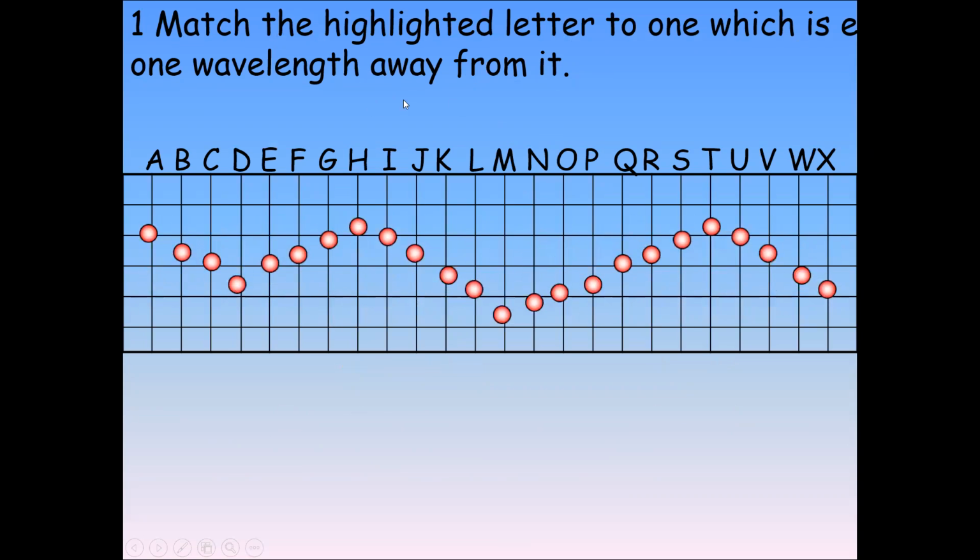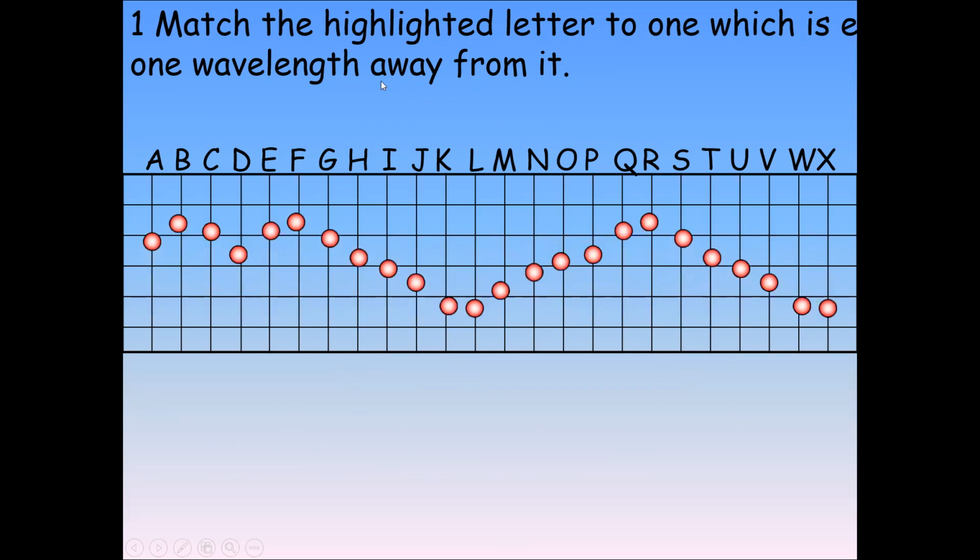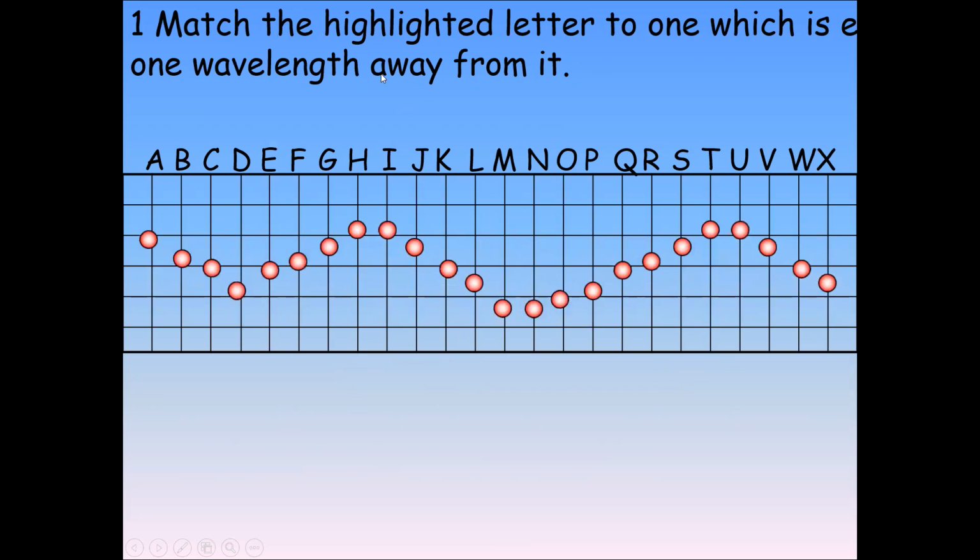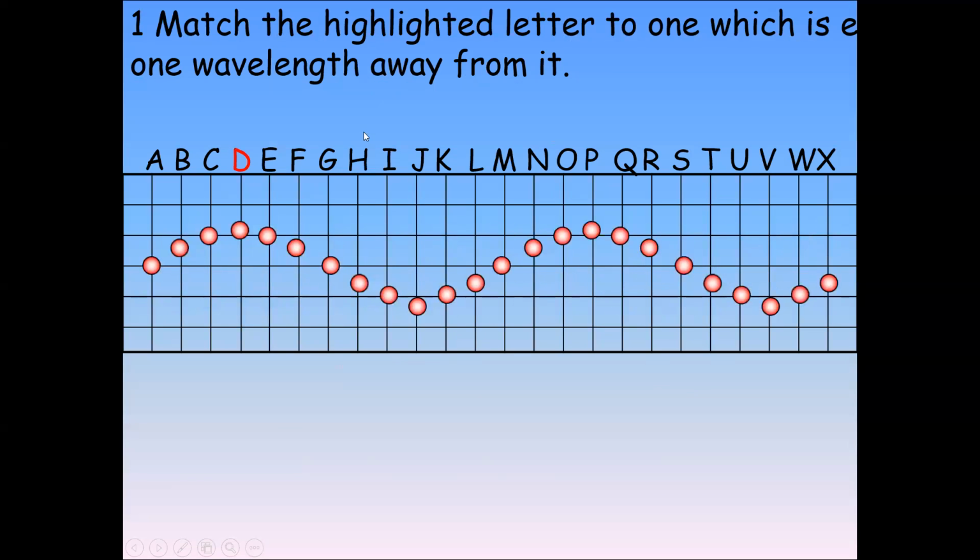Okay, another example, transverse wave. We have to work out which points are wavelength apart. For D, which point is wavelength apart? You can use the chat to state the answer, and I want participation from everyone. Which point is wavelength apart from D?